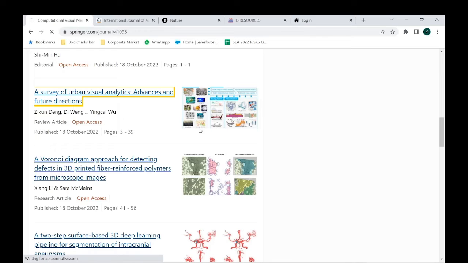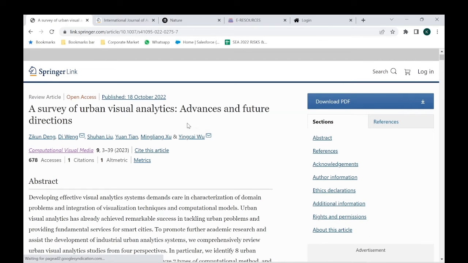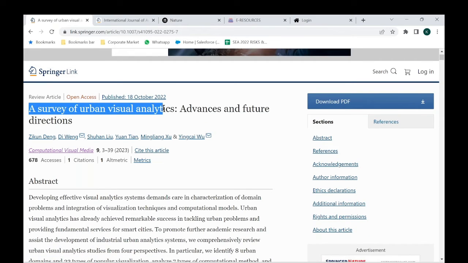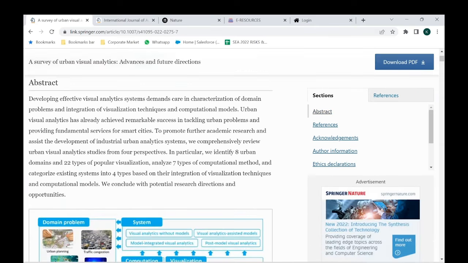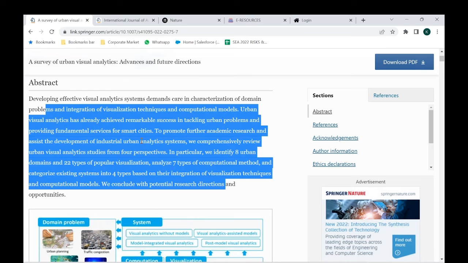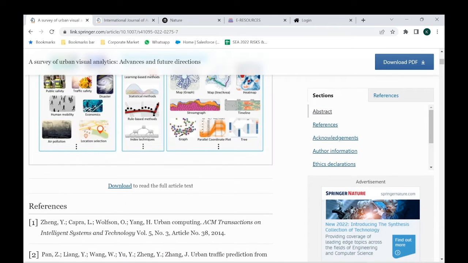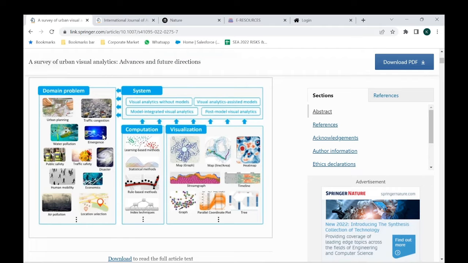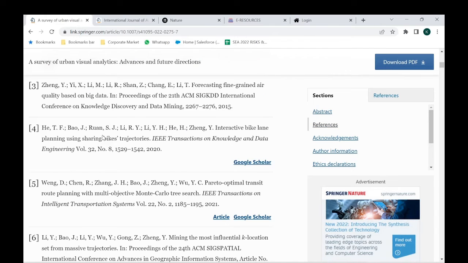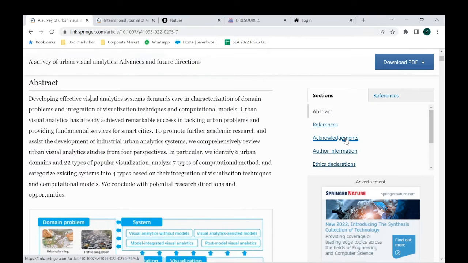If you click on the article itself, this article is a survey of urban visual analytics, advances and future directions. Even if you are not a UTHM student, lecturer, researcher or staff, you will be able to access this full text as a whole, regardless of your association.